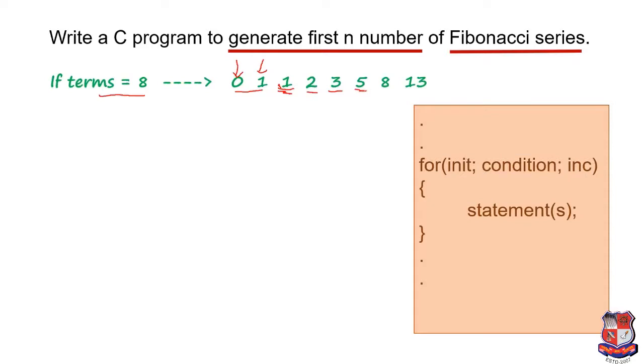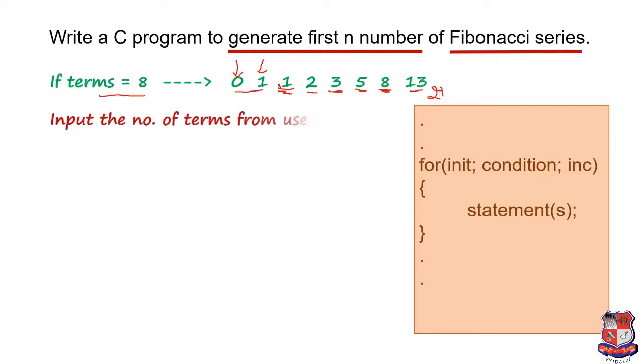What about 5? It is also the summation of its last two numbers, 2 plus 3. Then 8 is the summation of 3 and 5. What about 13? It is the summation of 5 and 8, 5 plus 8 equals 13. If we write the ninth term, it will be 21, because it is the summation of 8 and 13. So likewise, the Fibonacci series works.